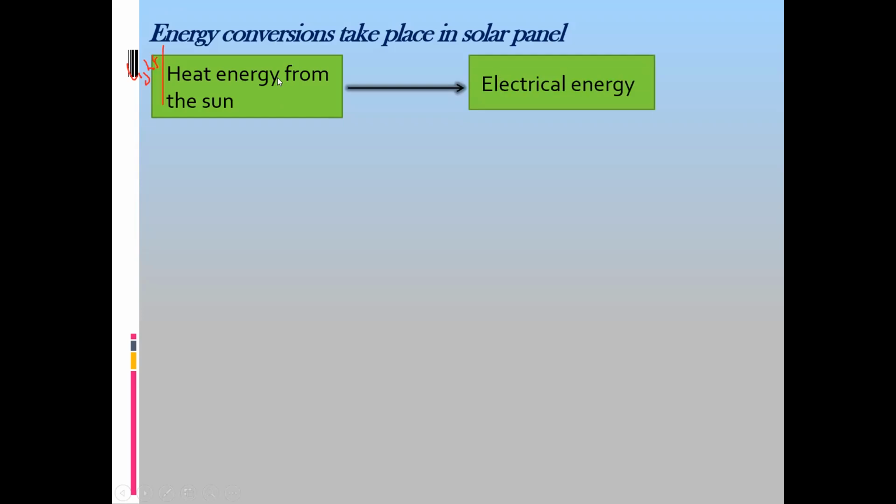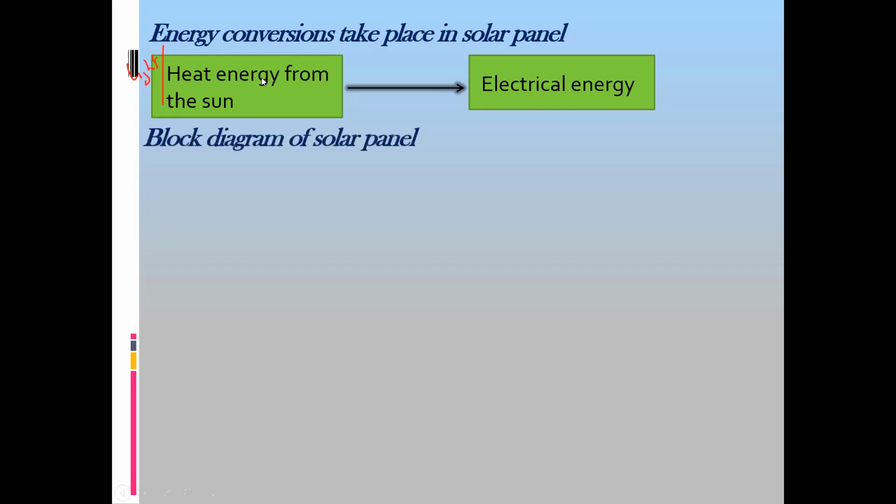And that is directly converted into electrical energy. So heat and light energy from the sun, when it falls on the solar panel, produces electrical energy.